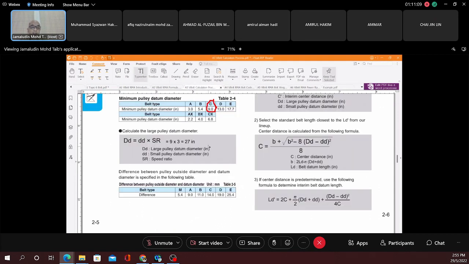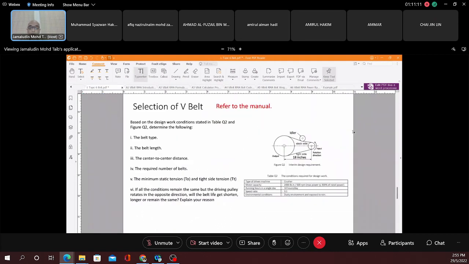This is going to be 27 inches, and this is going to be 9 inches. That is how our belt system, our pulley system, is going to take shape. We have the 9 inches here, 27 inches, then we have 18 inches.